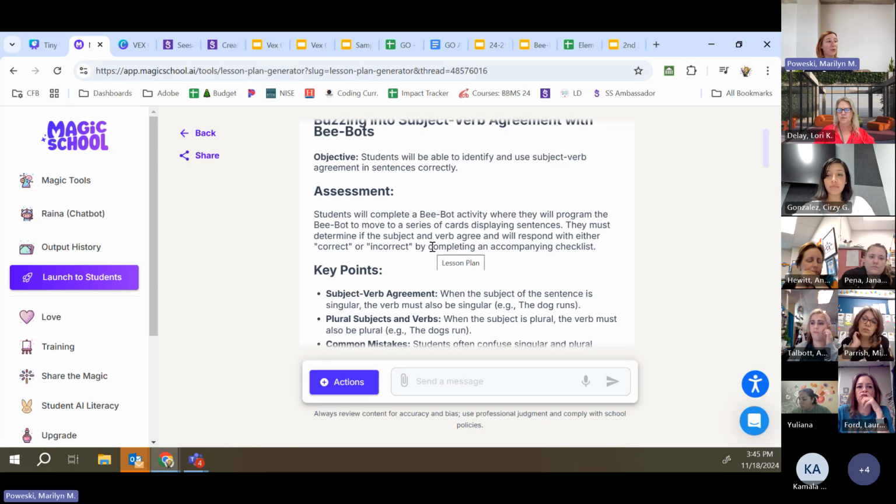Maybe they tell them to you and you type them and print them. There's lots of different ways that you can scaffold and support and make sure it's meeting the needs of those kiddos. But yes, absolutely have them make those different sentences where it agrees and where it doesn't agree. Have them find those different examples. Oh, yes, they could make them in small groups.